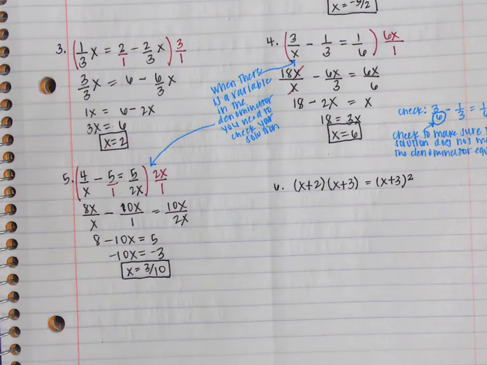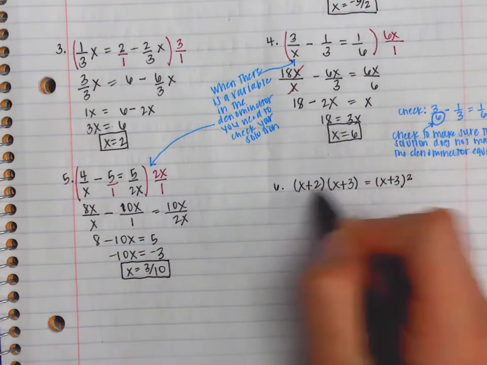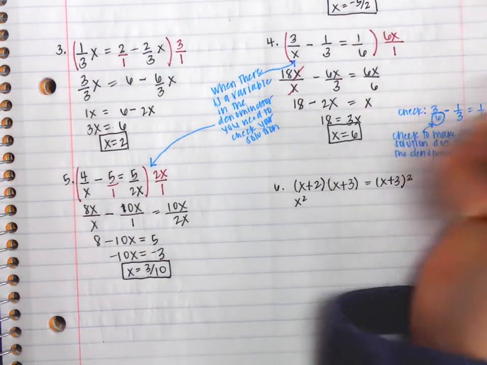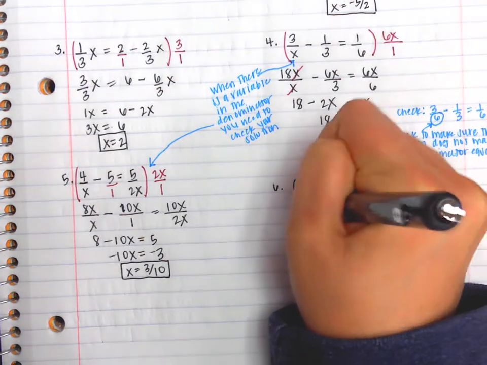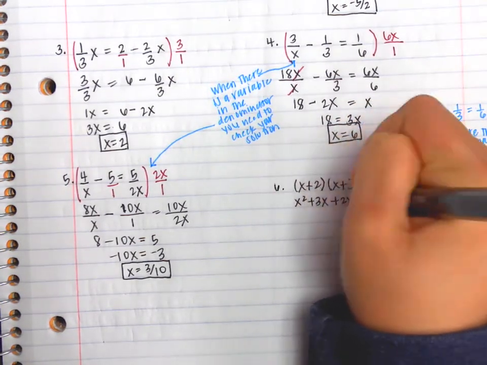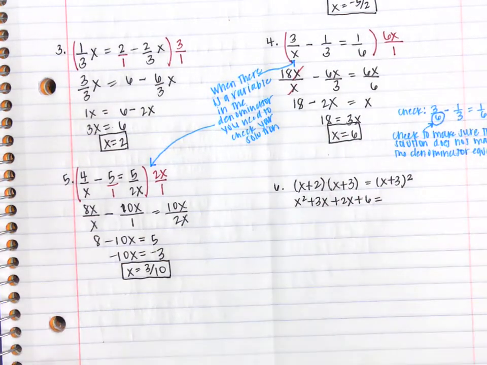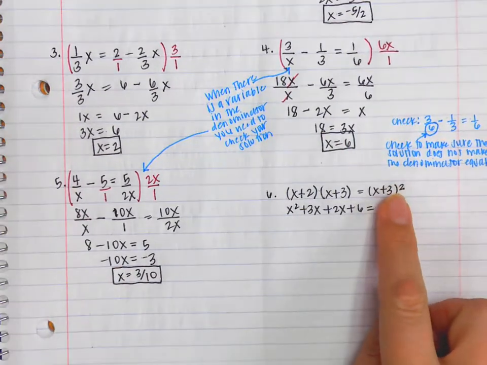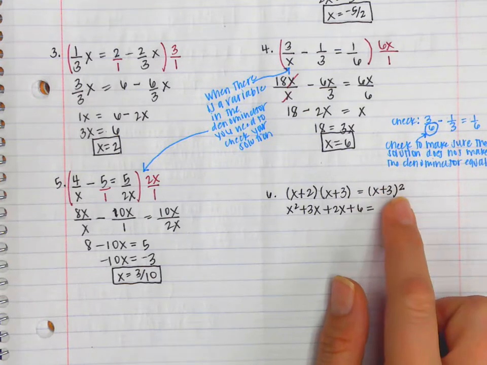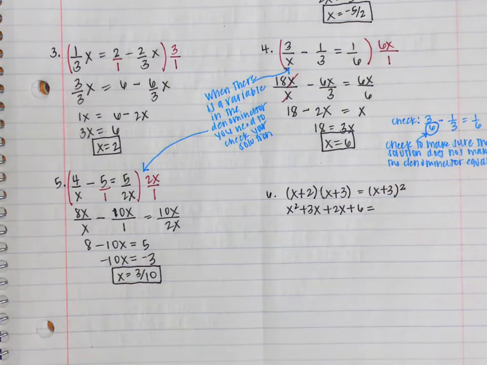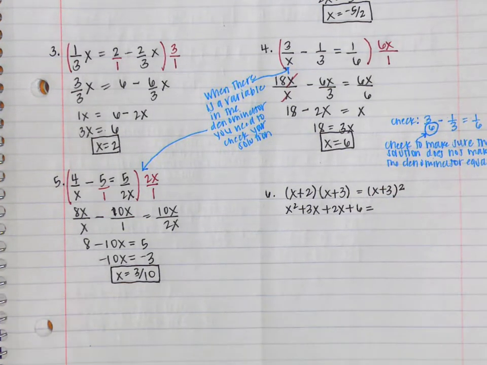So we would multiply this out. So I'm just going to multiply x times x squared, x times 3, 3x, plus 2x, plus 6. And then remember, x plus 3 squared, that doesn't mean we can distribute. What this means, remember, is x plus 3 times x plus 3.